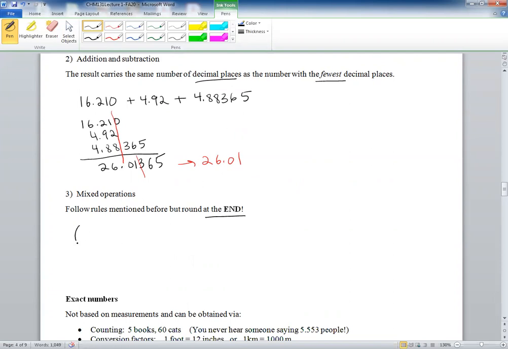So if I have this number, I have 3.86 minus 0.18 multiply by 6.20.